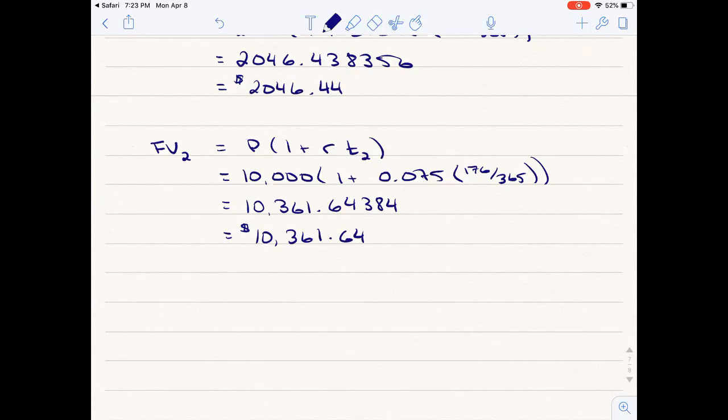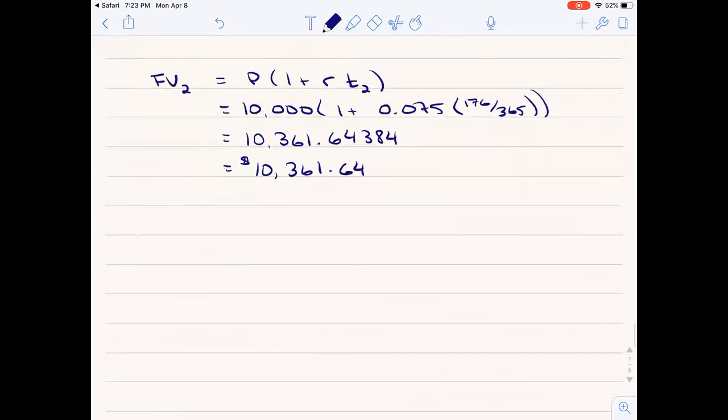Future value 3 is the last one. And so the future value 3, again, is P times 1 plus R times T3.